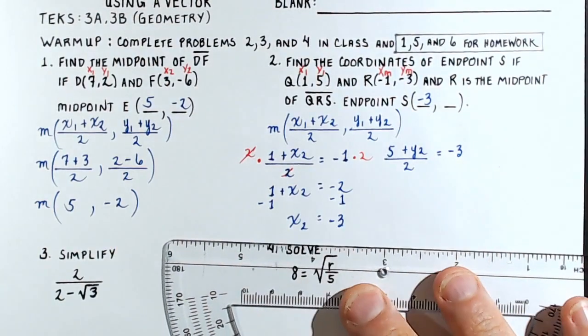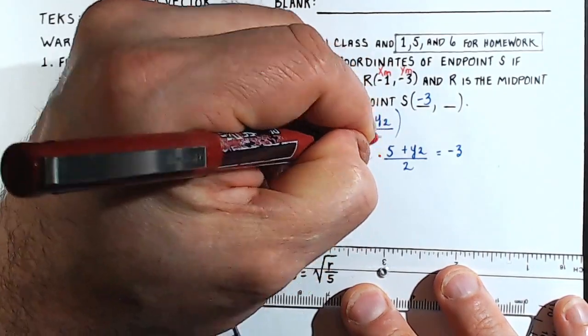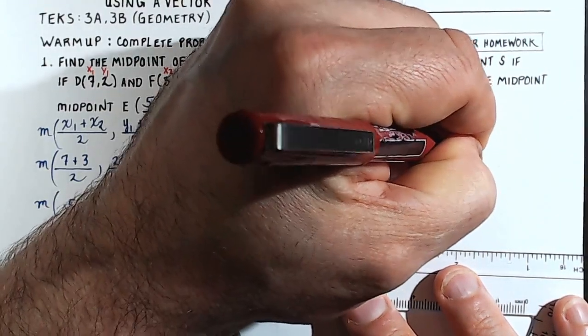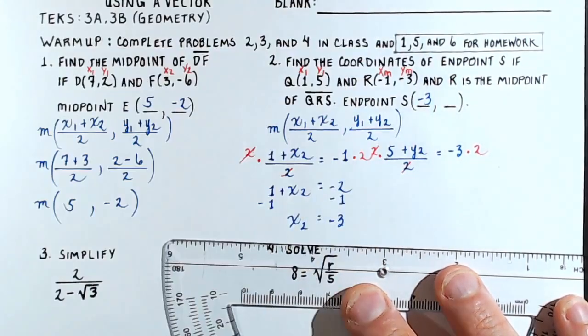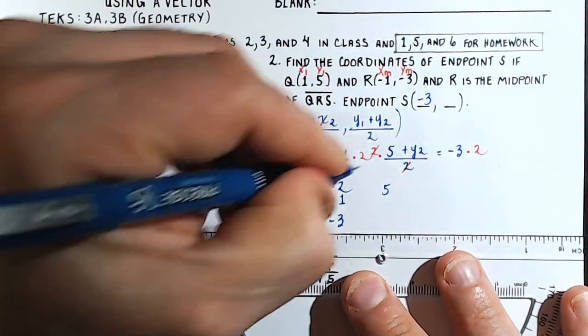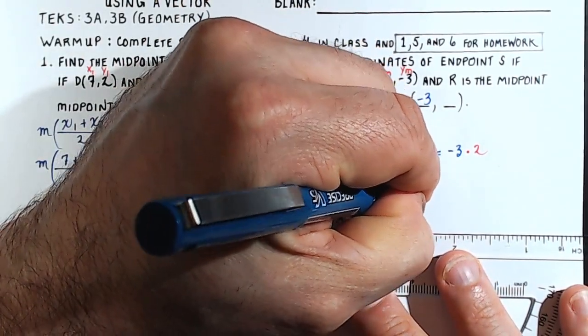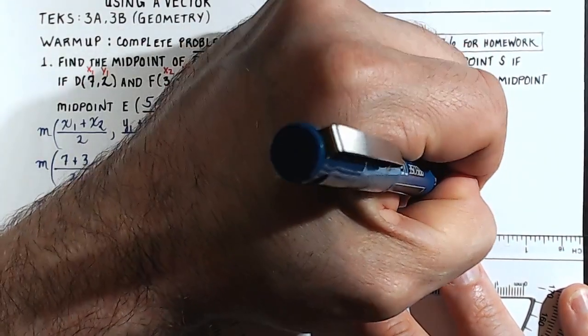Now for the y value, to get rid of the 2 in the denominator, I will multiply both sides by 2. Chief benefit being I can cancel out the 2's on the left. And now I have 5 plus y2 equals -6.